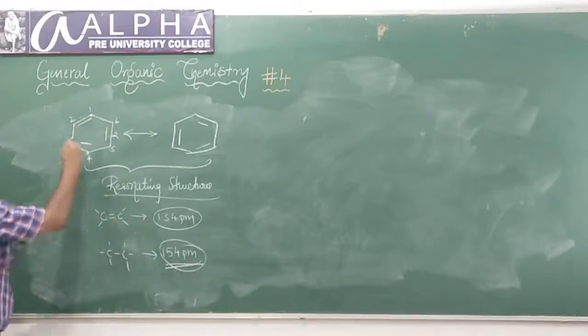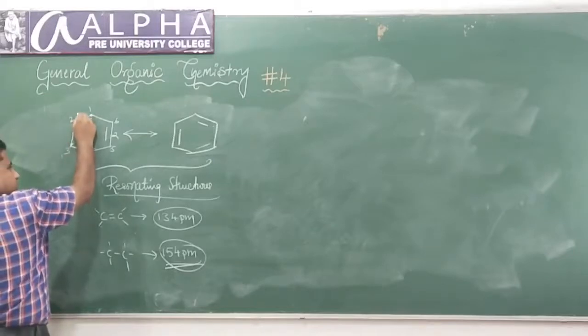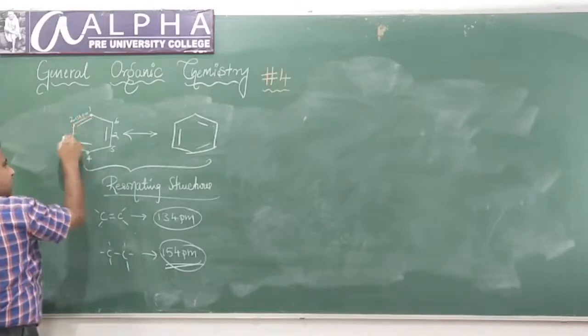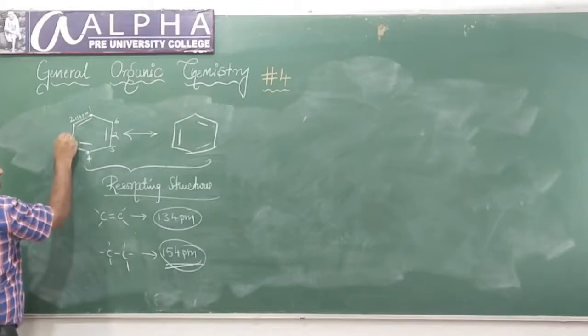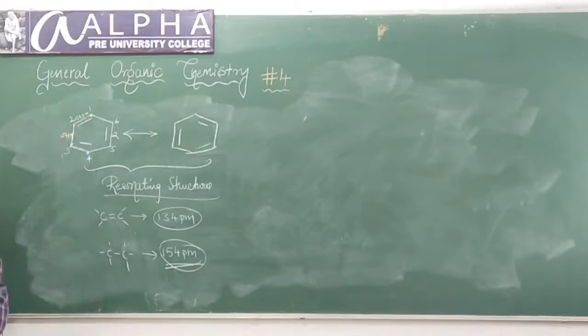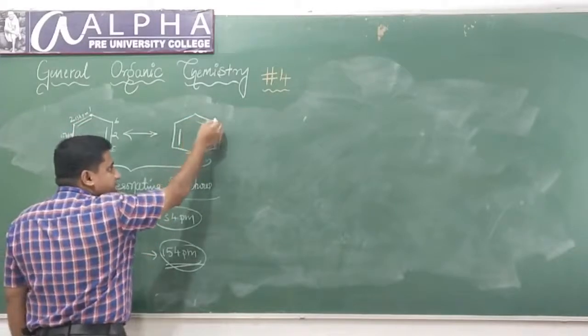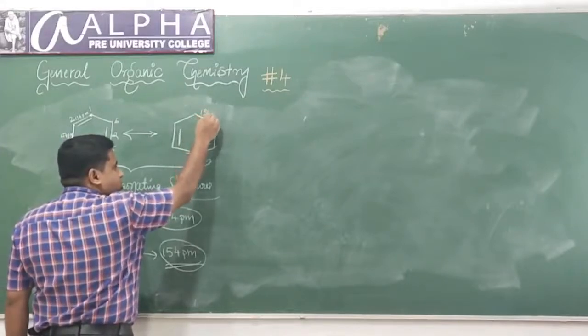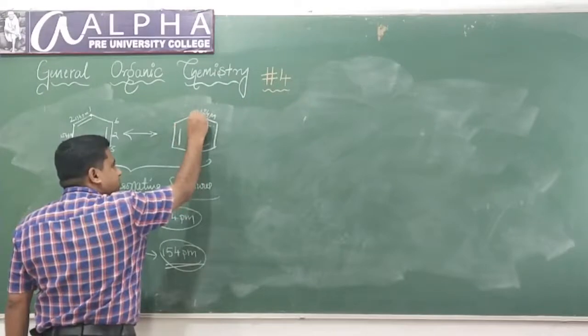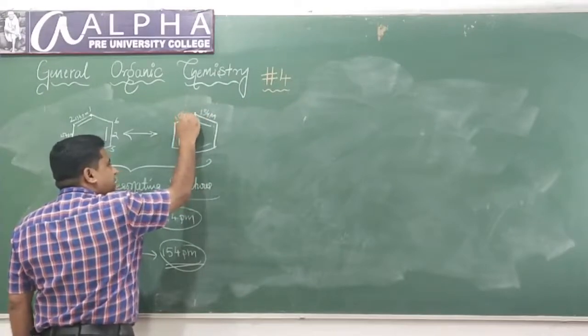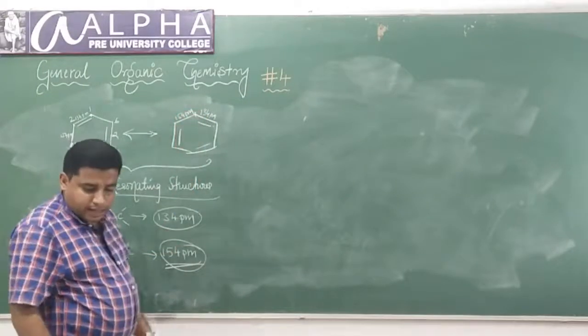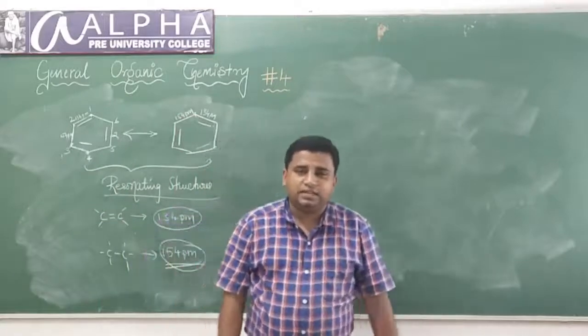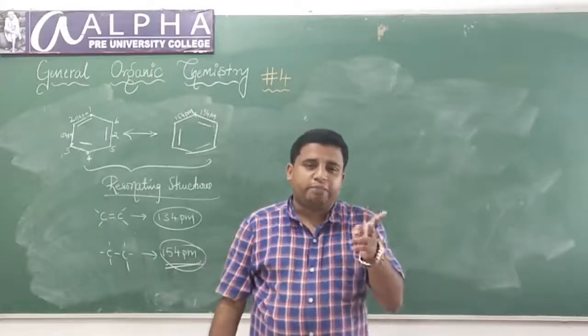Here also the same: this bond would have been 134 picometer and this bond 154 picometer. That means in benzene we would have expected two types of bonds.